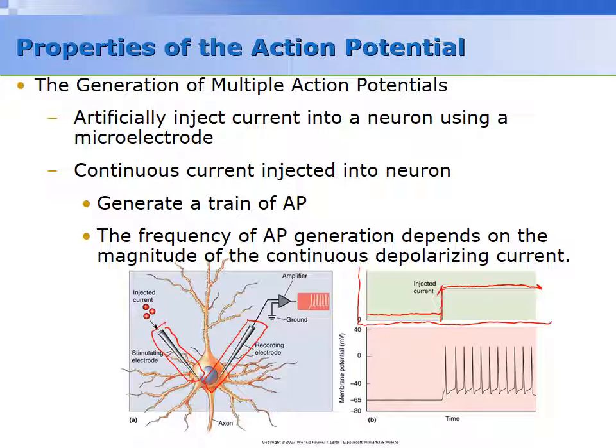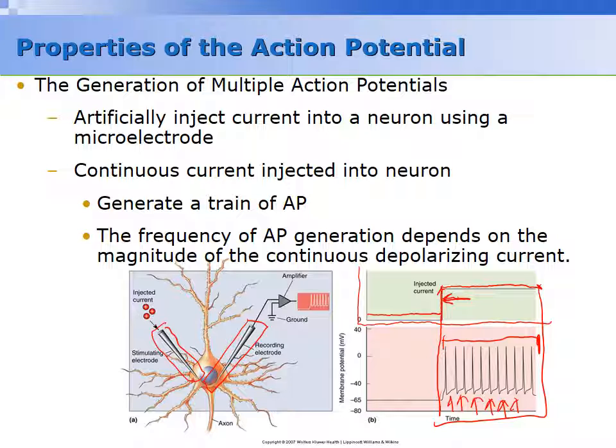If you can see this correlation between this injected current and this train of spikes, we have reached a certain threshold in depolarizing the cell, and the cell from that point on starts spontaneously generating action potentials.